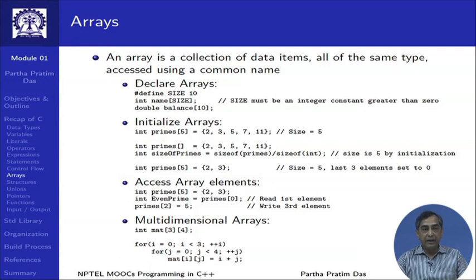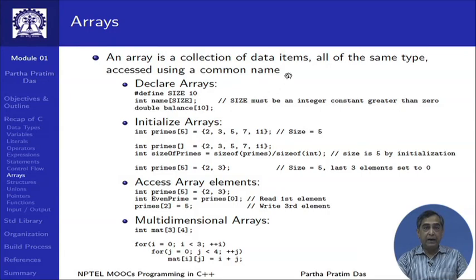This maximum number of elements can be specified in multiple different ways, and as we will see, this is one aspect in which arrays in C++ will somewhat differ from arrays in C. But a typical array in C will be defined as double balance[10], which says that balance is an array of double type elements and a maximum of 10 such elements could be there. Otherwise, we can define a size by a manifest constant and use that to declare the array.